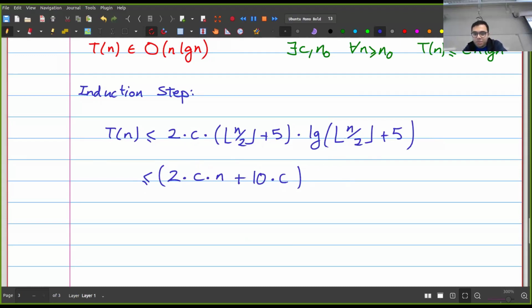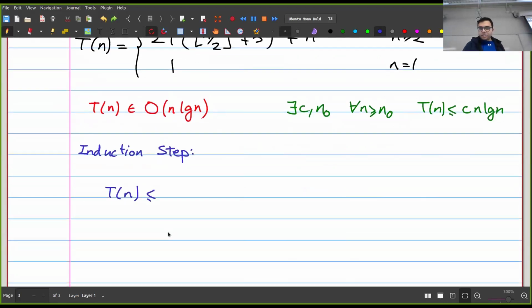If n is big enough such that n/2 + 5 is less than n, then I can say this is log n. So I can say times log n. But this is not good. Sorry, I didn't have a 2 there. It was just Cn plus 10C times log n. This is not good because, again, you see that I have some 10C log n remaining here. And I can't work with that. So let's erase these.